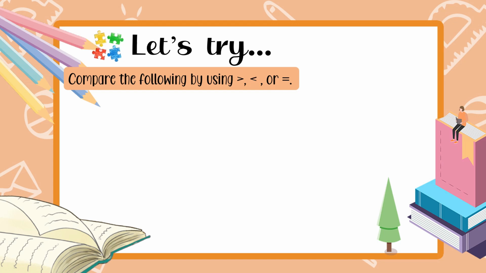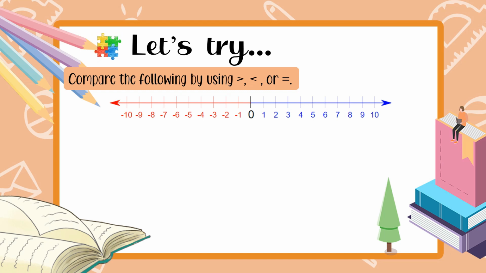Okay? So, we will have a number line here as your guide. Let's have the first one. Negative 1, blank, positive 1. Negative 1 is here. And positive 1 is here.